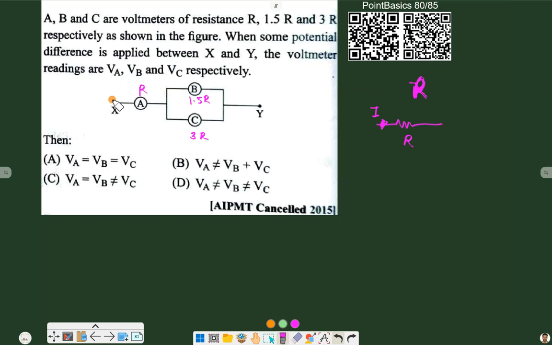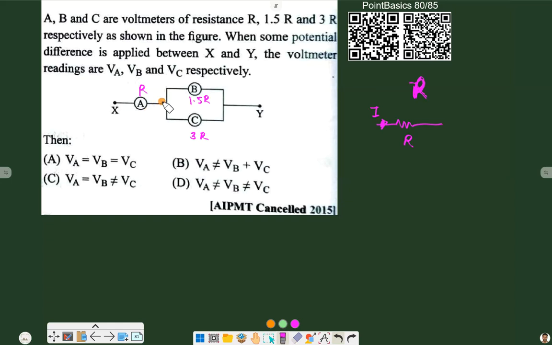So what we will do is first find the value of current in this circuit, and then multiply that current by their respective resistances, and we will be able to find the potential developed across them.